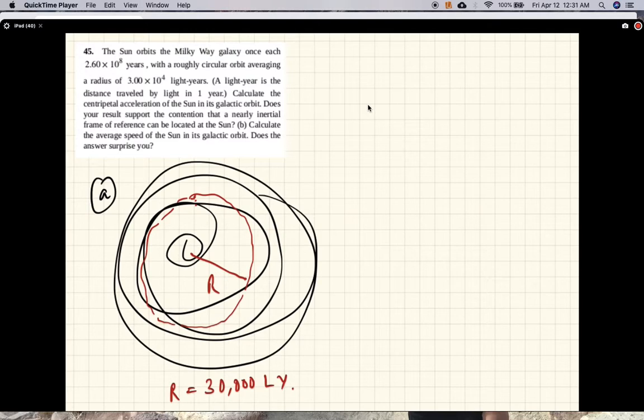And what is it that we're trying to find? The period is given to be 260 million years, and we want to calculate the centripetal acceleration.